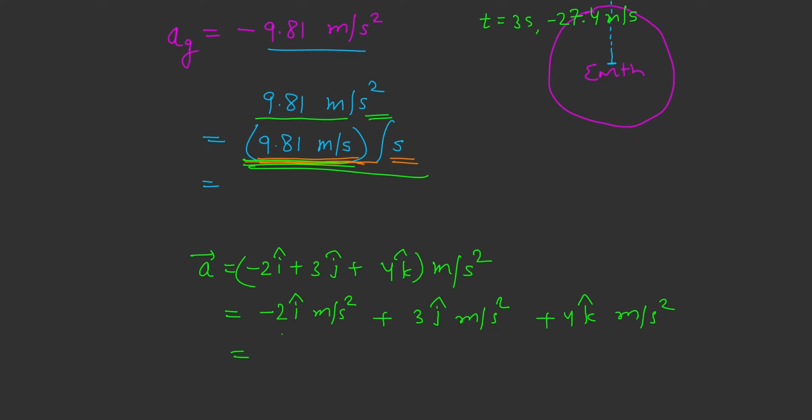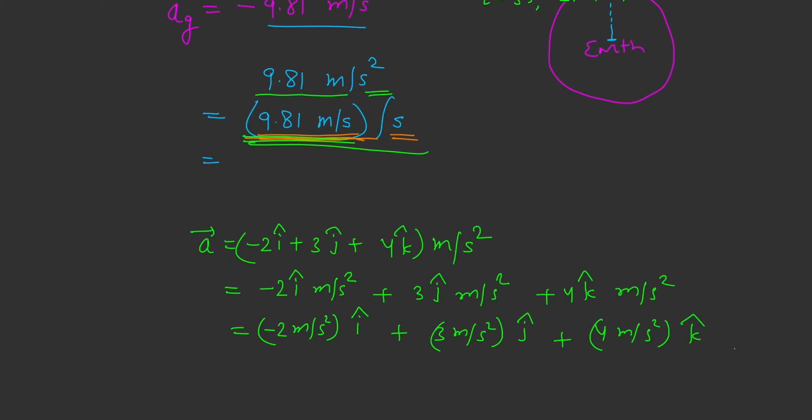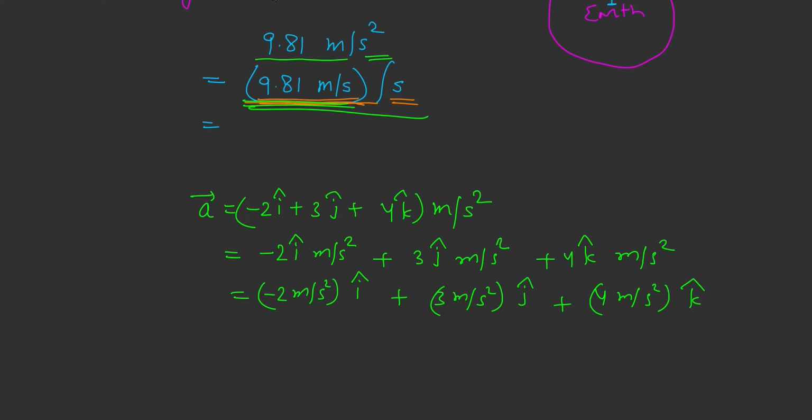And what does this mean? Minus 2 meter per second square in the i cap direction, plus 3 meter per second square in the j cap direction, plus 4 meter per second square in the k cap direction. This means that the coefficient written with i cap is the x-axis direction, j cap is the y-axis direction, and k cap is the z-axis direction.